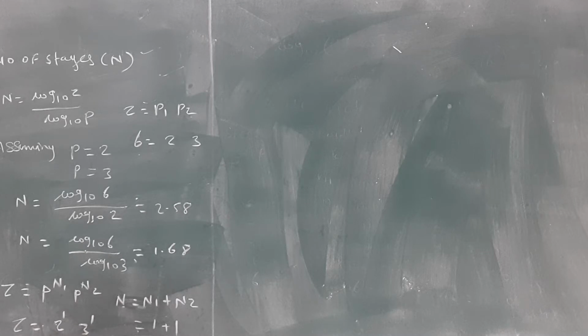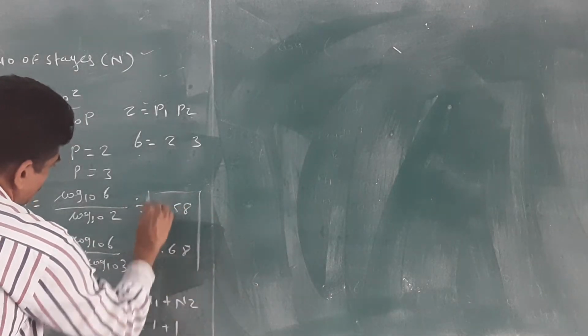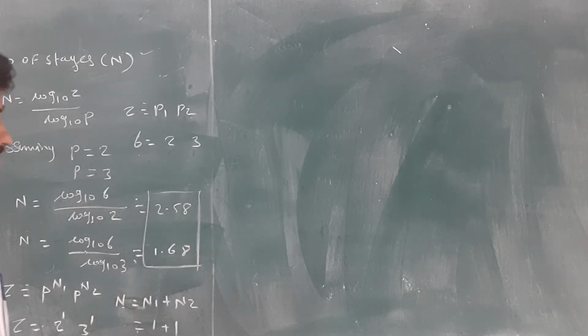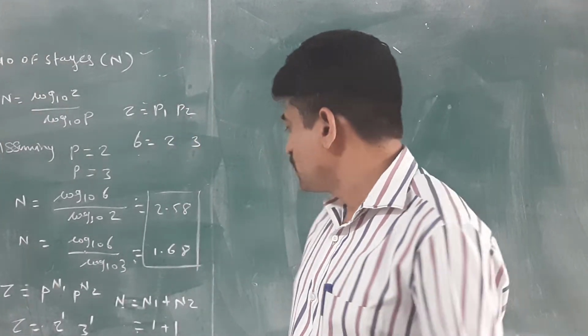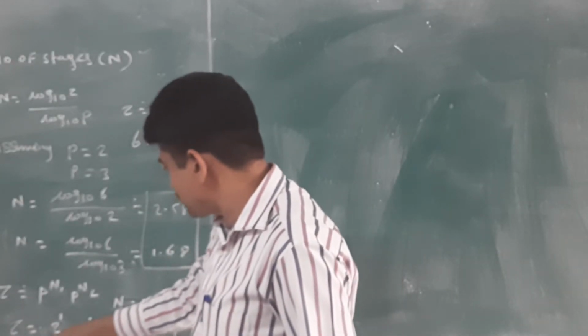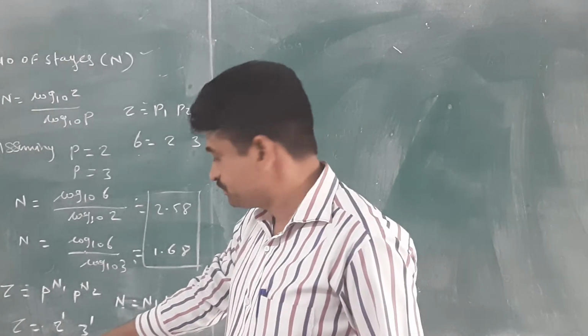All of you getting how to calculate the number of stages if these values are decimal, not an integer? That's why for this design of the gearbox we have selected the number of stages as 2: in the first stage 2 speed steps and in the second stage 3 speed steps, right?